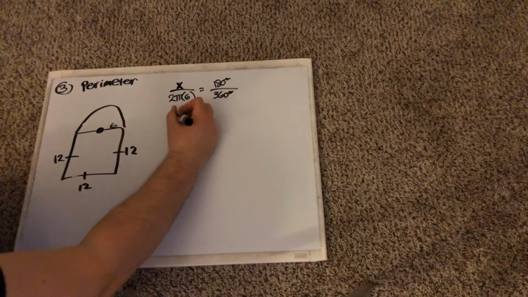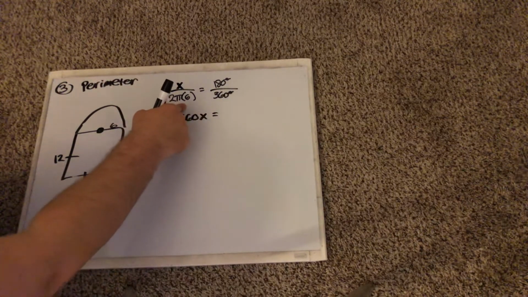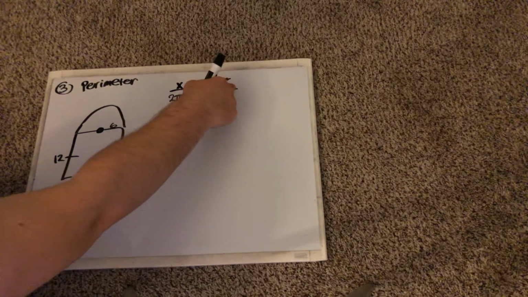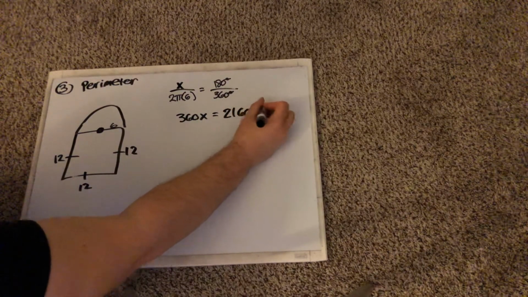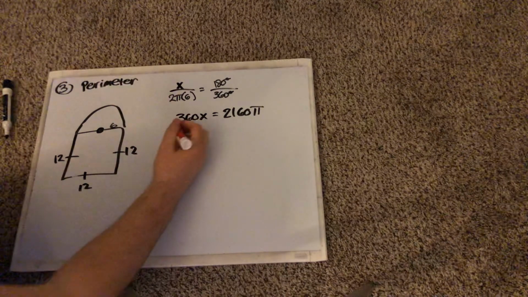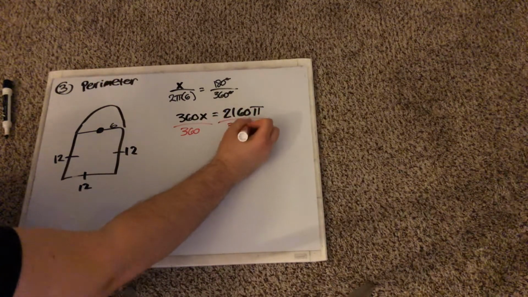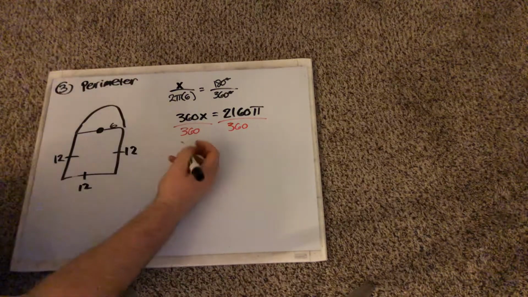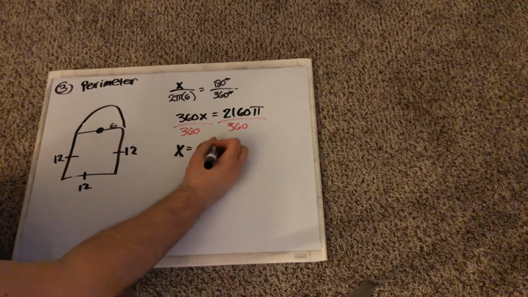I cross multiply. 360x equals 2 times 6 is 12 times 180 is 2160 pi. I can divide both sides by 360. X comes out to be 6 pi.